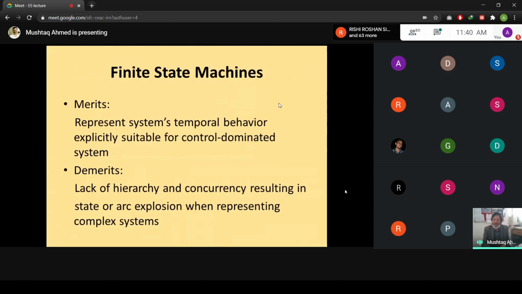Okay, so these are the merits and demerits of the finite state machine: it gives a temporal behavior description of the device, and it is mainly a control-dominated system, and it lacks hierarchy and concurrency. As I said, if multiple requests arise simultaneously, it will not be able to handle those conditions.